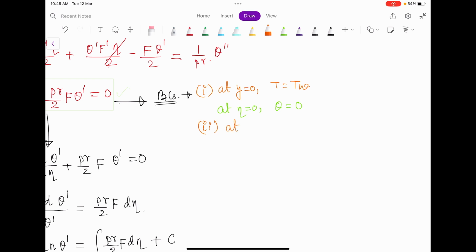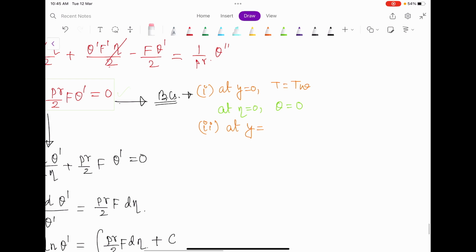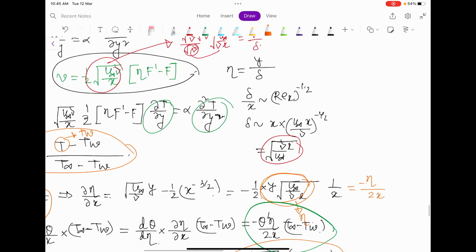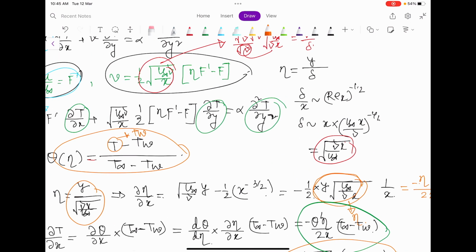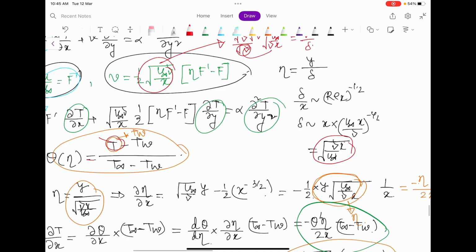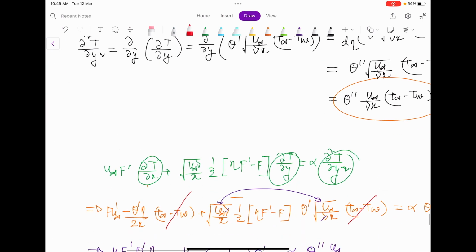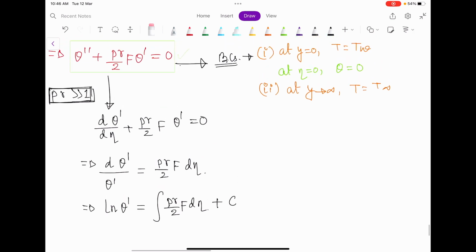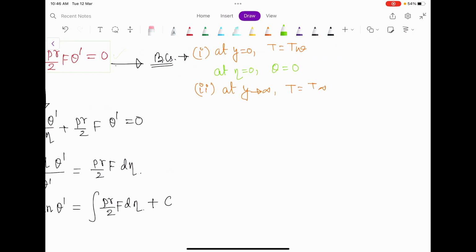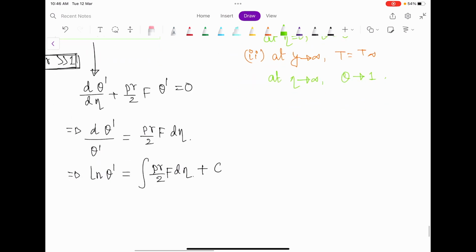Then when y tends to infinity, T is equal to T infinity. Looking back at theta, if T equals T infinity, then theta becomes 1. So at eta tends to infinity, theta tends to 1. We have these two boundary conditions.